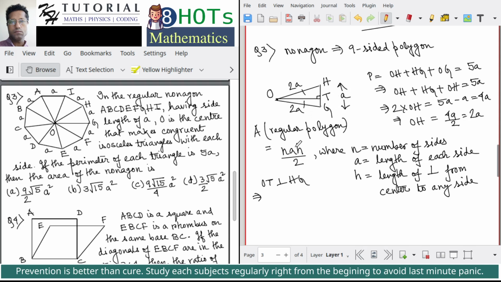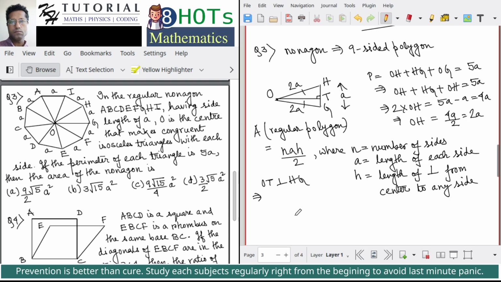I need to find the area of this regular nonagon. I need h, the length of the perpendicular from the center to one side, that is the length of OT. Then in the formula n is 9 for a nonagon, and a, the length of each side, is given. So I need to find h, the length of OT.